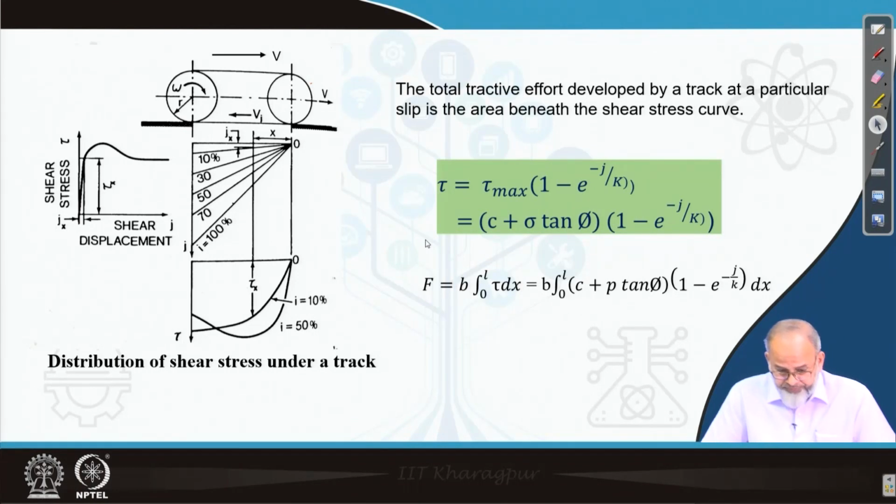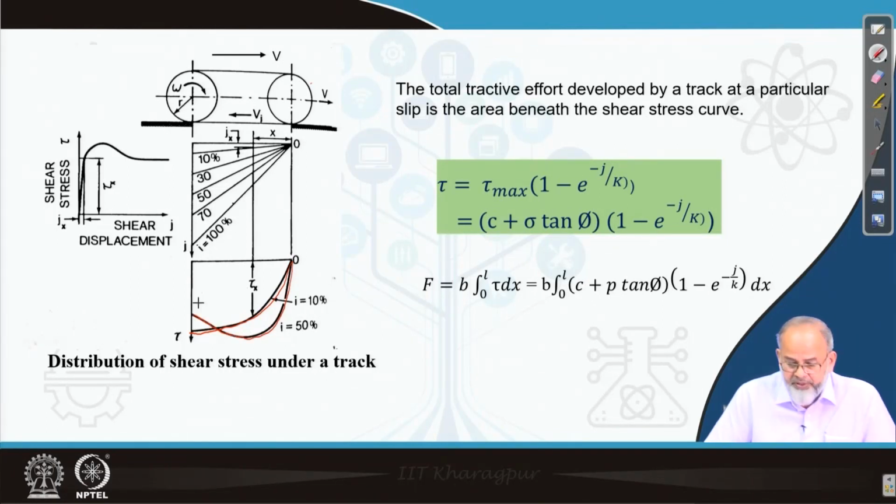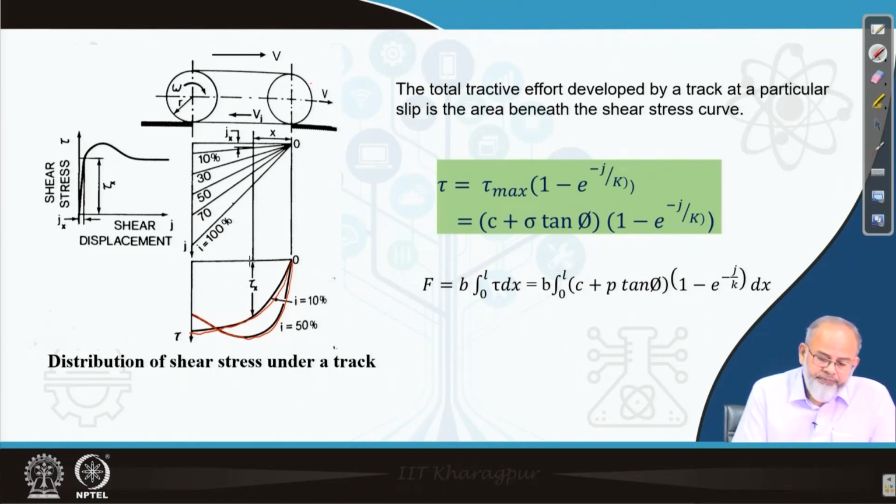Once you know the relationship for tau, we try to plot tau versus the displacement. Then at 10% slip, this will be the curve, and at 50% this will be the curve. So like that you will get a series of curves by varying the slip. Now if you want to find out thrust force, then you have to find out the area under this curve.